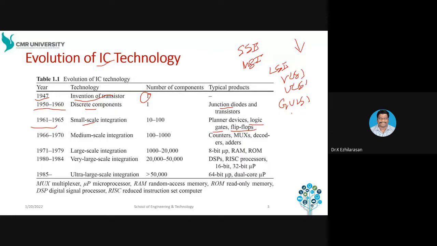You just remember in your CMOS VLSI, you might have studied logic gates. You might have implemented a two input NAND gate and a two input NOR gate using CMOS. If you want to implement any logic gate with the help of CMOS, how many transistors are required?